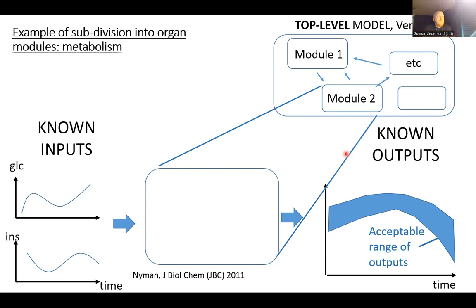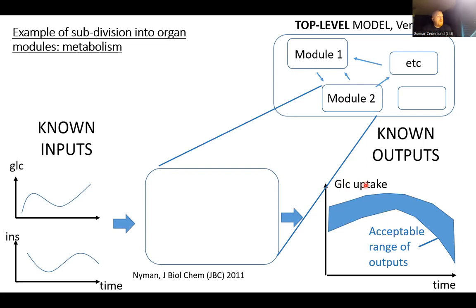And the output here could either be the blood that leaves the tissue, the venous blood, or the difference between the arterial and the venous blood, because that's basically what the organ is doing. It's either taking up glucose, or it's taking up insulin, or it's secreting glucose or insulin. So here, the output would be the glucose uptake, but it could also be the glucose that leaves the tissue.